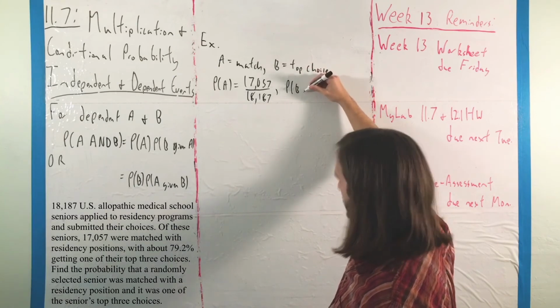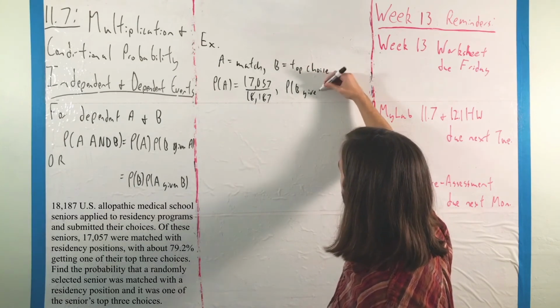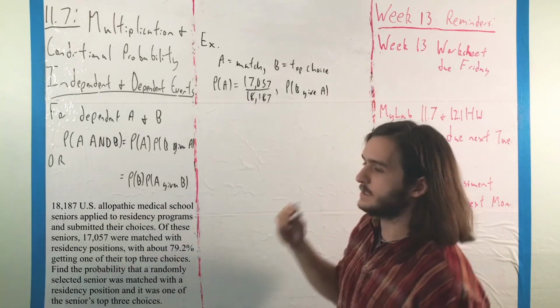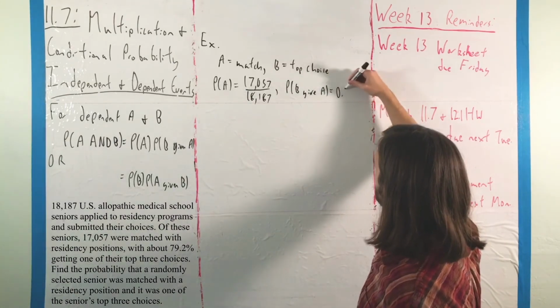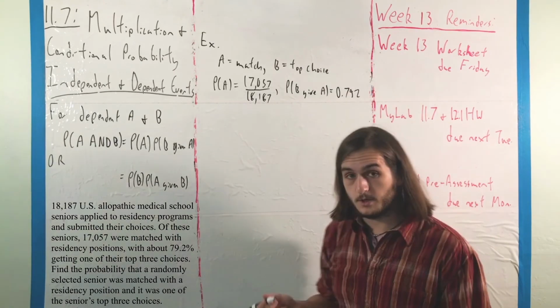The probability of a top choice given that they got in, where this is 79.2%.